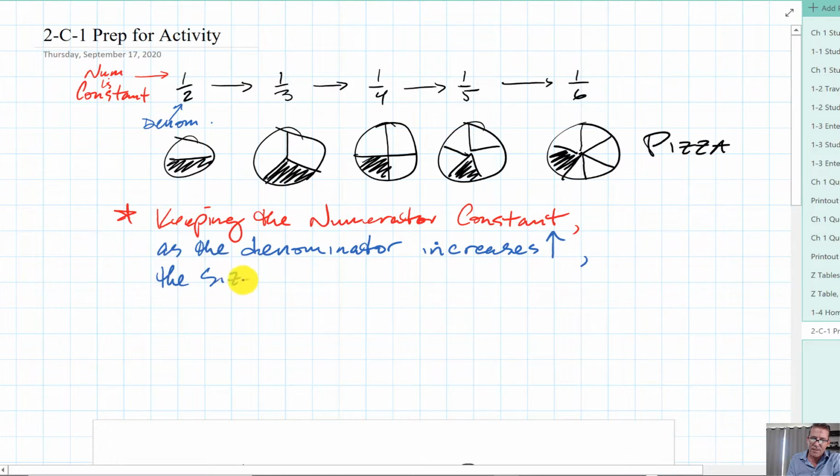The overall size of the fraction decreases.